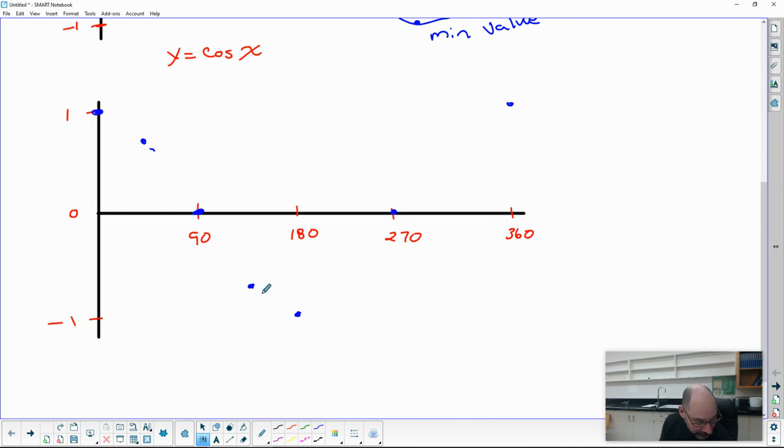And then again, if you slide around to 225, it's negative root 2 over 2, which is that 0.7. And then up here between 270 and 360, 45 degrees between, 315, pardon me, it's again root 2 over 2. So there's the basic shape of the cosine graph.